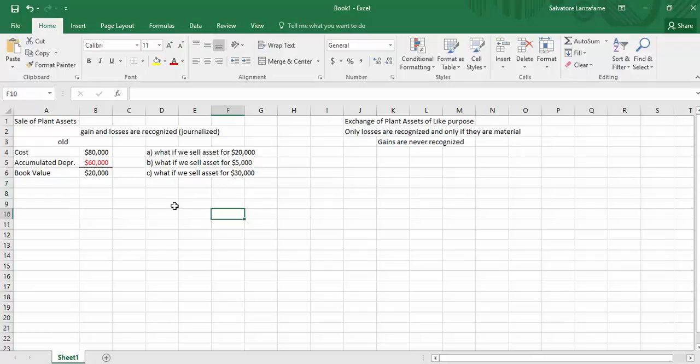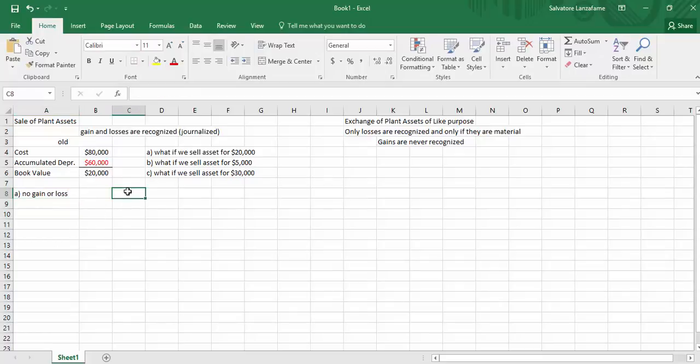So when trying to determine if you have a gain or a loss, what you have to do is you got to compare your book value to what you're getting for it. So like in scenario A, there is no gain, no loss. Okay, so in other words, we broke even.